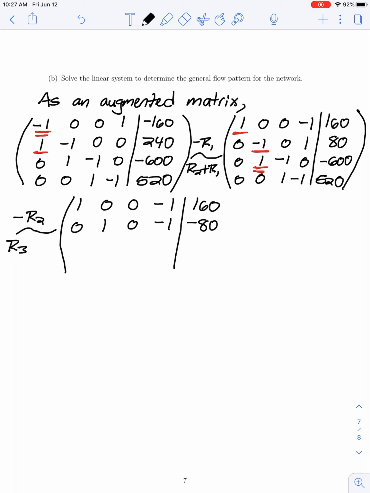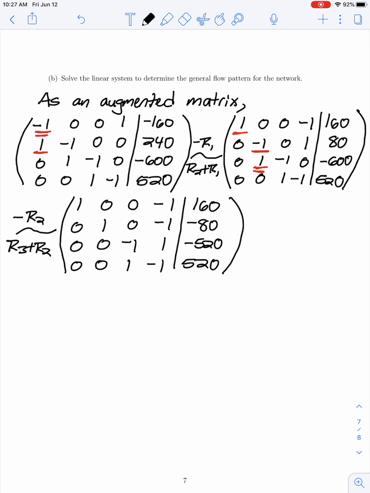And in this same step, I'm going to take row 3 and add row 2 to it, which will give me 0, 0, -1, +1, and then my -600 plus 80 will leave me a -520. And my last row I will leave as 0, 0, 1, -1, 520.